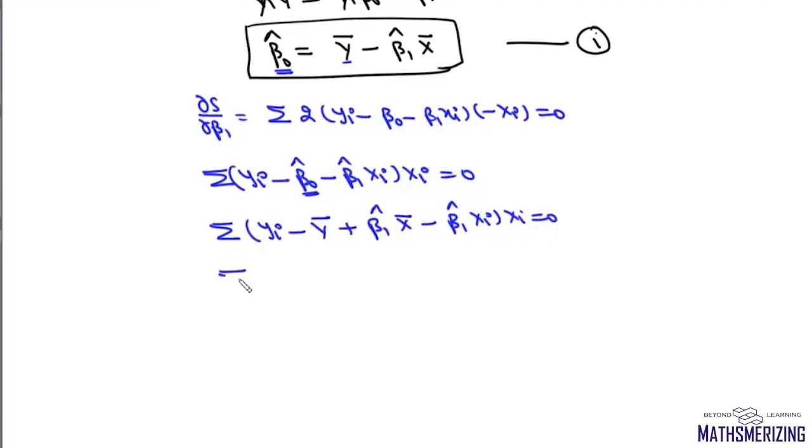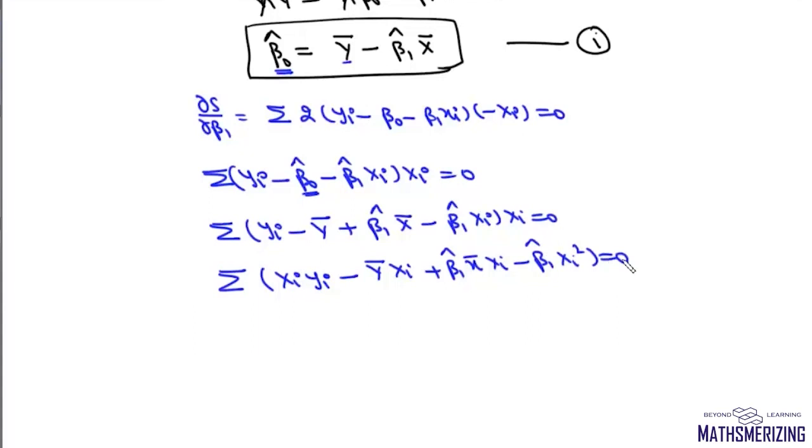Now we can write this as this summation xi yi minus y bar xi plus beta 1 cap x bar xi minus beta 1 cap xi square, and will be equal to 0.